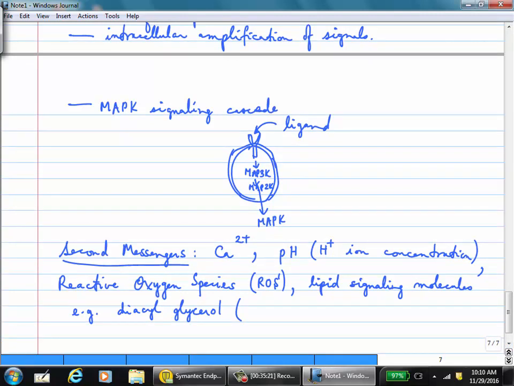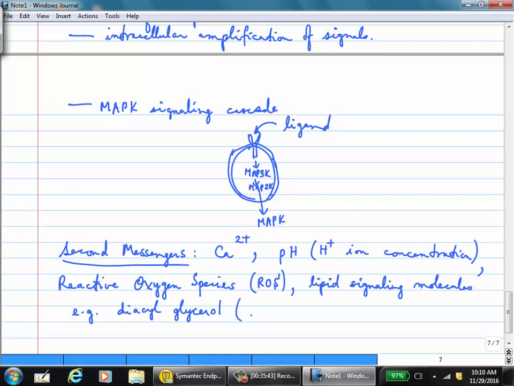We've talked about triglycerides. Triglycerides are basically triacyl glycerols. There are 3 acyl groups. So from that you can get diacyl glycerol by breaking one of the bonds. And that molecule can be a signaling molecule. There are different variations of that. I'm not discussing those here, but many different second messenger molecules are possible.